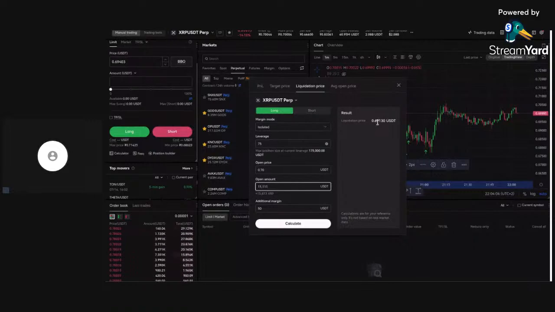If you were on isolated, it would only bring your liquidation down maybe 0.5%, I would say. So this coin, as you can see, is going up and down like crazy. It's a super bad idea.